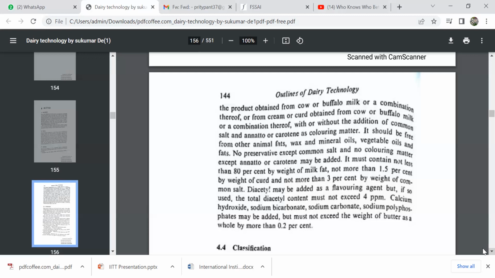Okay, but the total diacetyl content must not exceed 4 ppm.